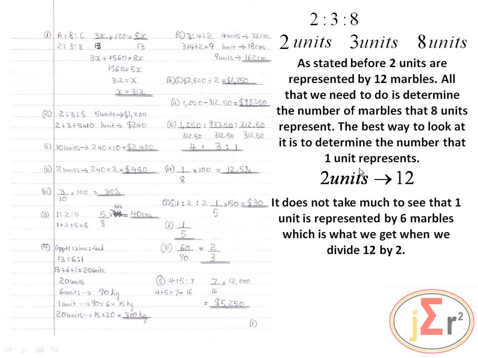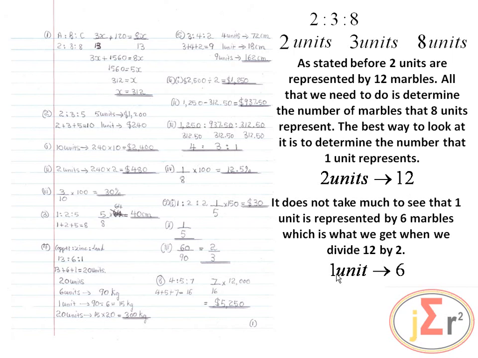Therefore, 2 units will be 12. Therefore, 1 unit will be 12 divided by 2, which is equal to 6. As a matter of fact, if you multiply 1 unit by 2, you get 2 units, and at the same time multiplying 6 by 2, we get 12.